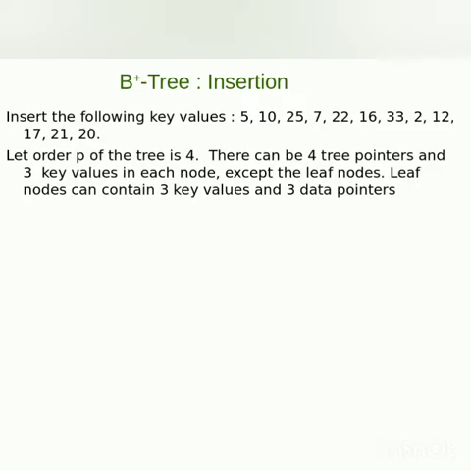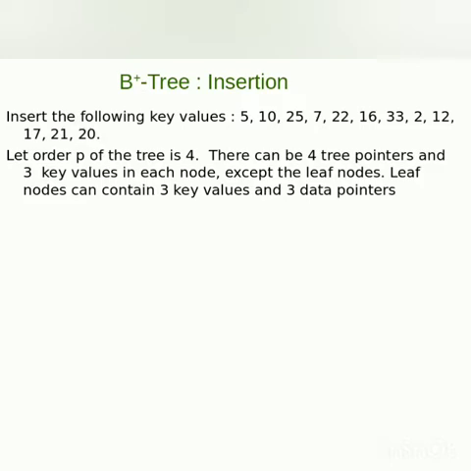If there is no space, split the leaf node into 2 and move the middle value to the upper level. Always insert in the leaf node only, and whenever there is space you can insert. If there is no space, then the middle value will be moved up. That is the idea here.